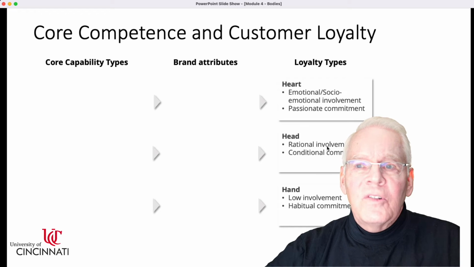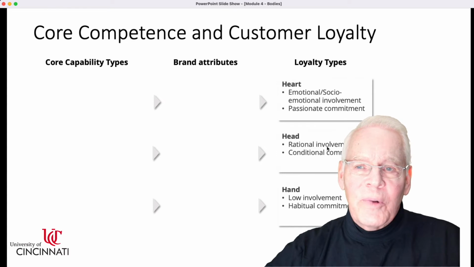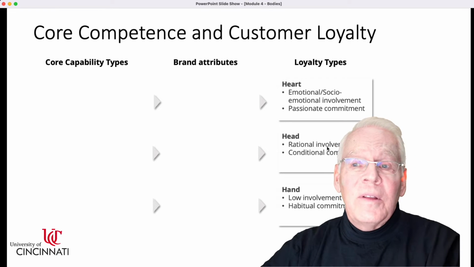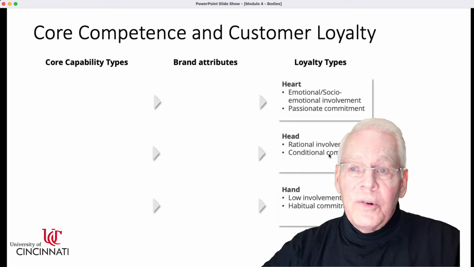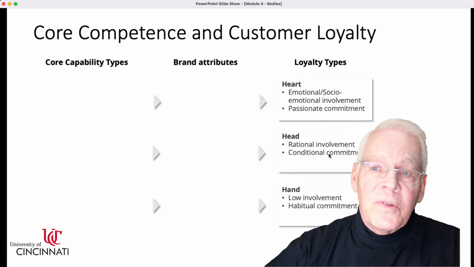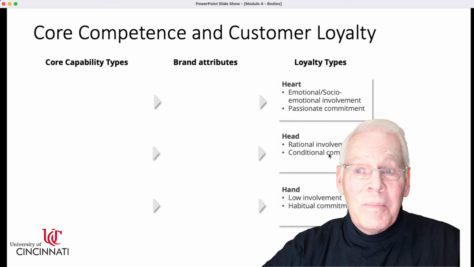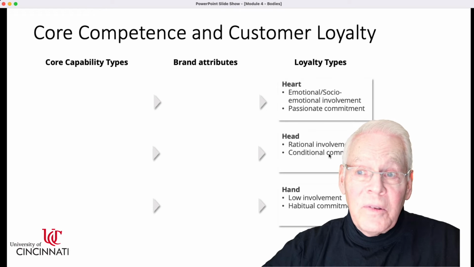They make buying decisions based on facts, based on test drives, based on data, consumer reviews, and data that helps them make good, rational decisions. And their commitment is conditional because they just wait for the best deal to come along, the best performance for the price, and they make a decision.